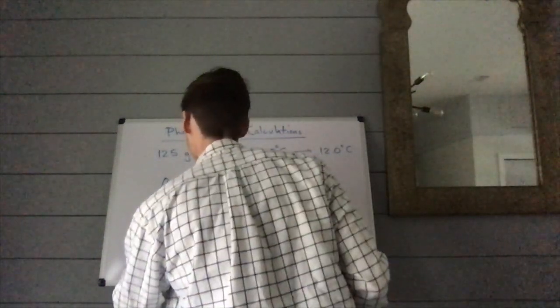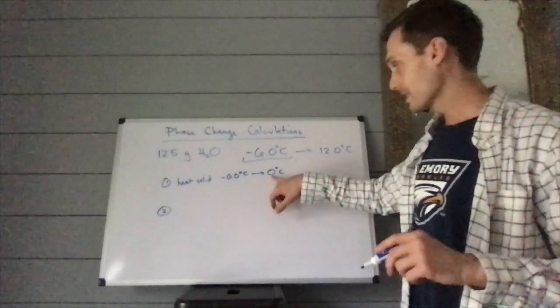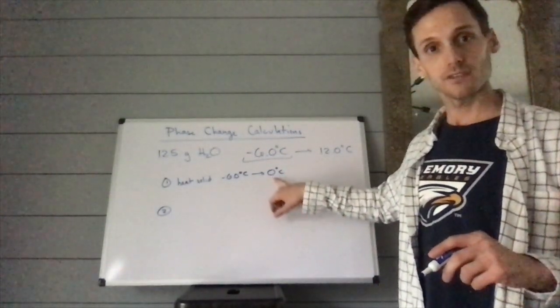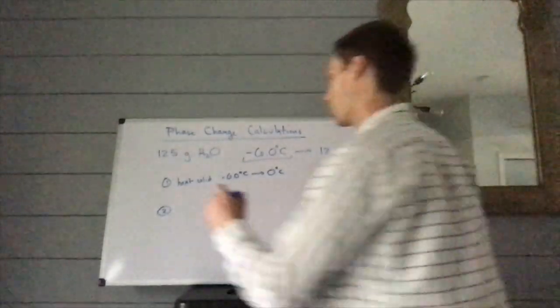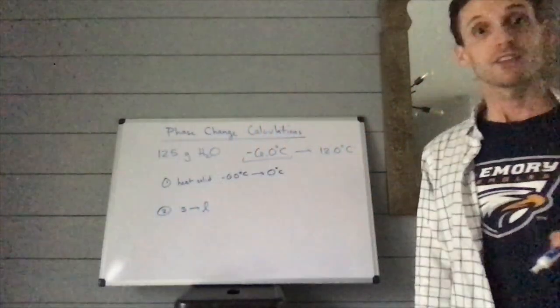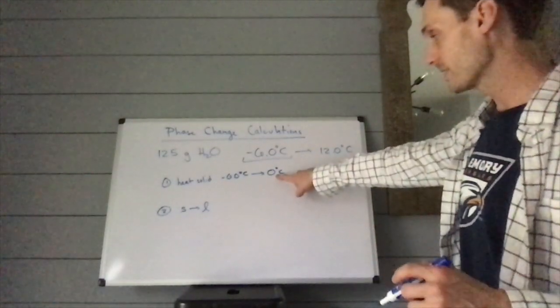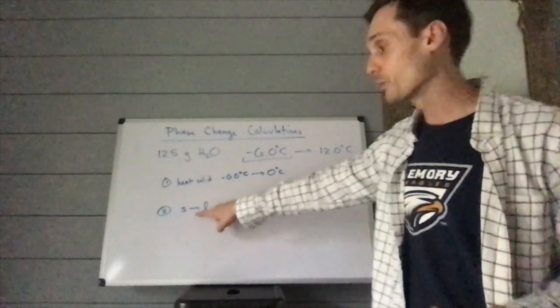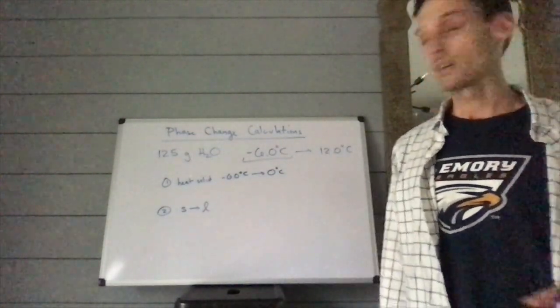The second step, now if you can think about what's occurring, we are at 0 degrees Celsius after this first step, and what we're going to have to do is a phase change. We are going to have to do the solid to liquid phase change as our second step, right? Because we're already at 0 degrees Celsius, that's where it melts, so we actually have to give it enough energy to do that melting process.